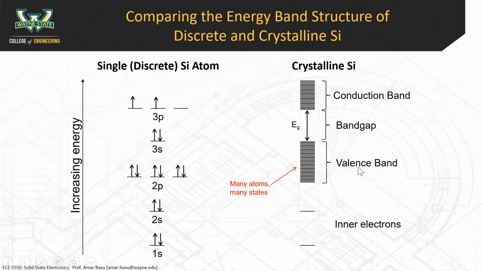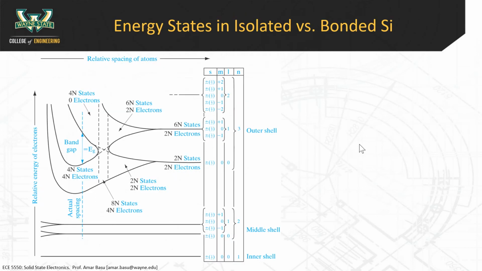There's a whole bunch of energy states close to one another in a region called the valence band, and a whole bunch of energy states close to each other in a region called the conduction band. And then there happens to be a region in the middle between the two. For silicon, it's about 1.1 electron volts, where there are no energy states, and that's what determines a lot of the properties. So we're coming to the end here.